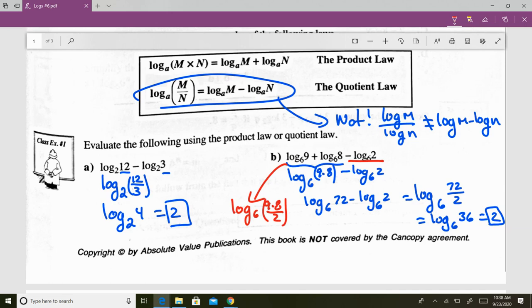So you could have done that. And then just gone 9 times 8 is 72. 72 divided by 2 is 36. And done it a lot faster. And gone straight to there. Okay, is that okay?